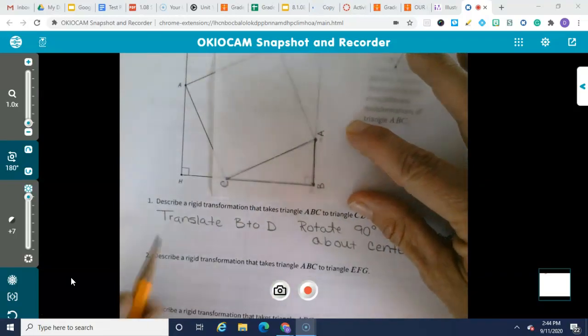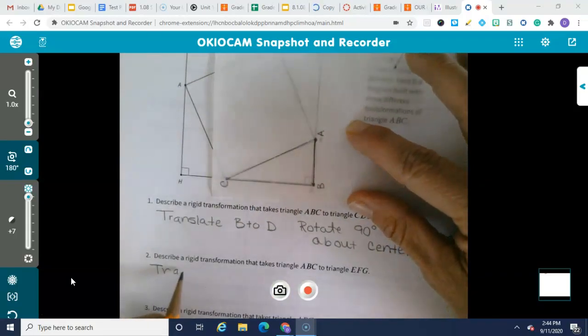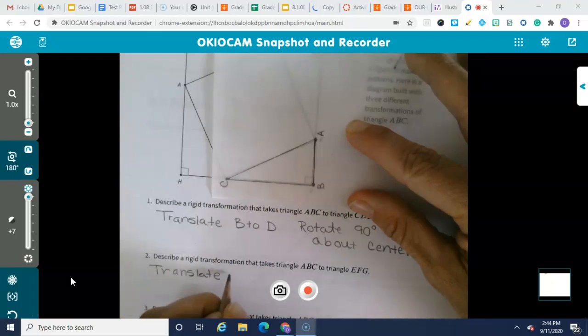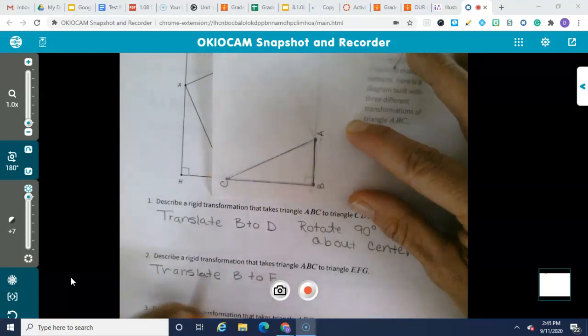I translate B to F. Then I rotate 180 degrees.